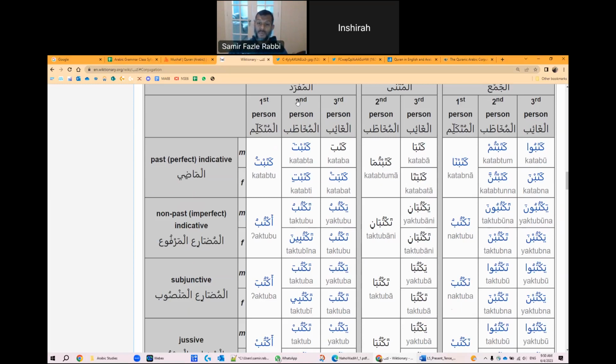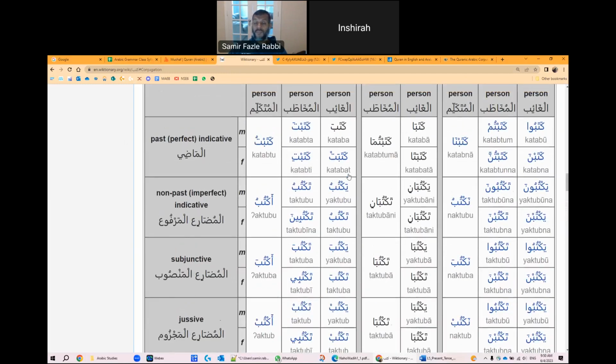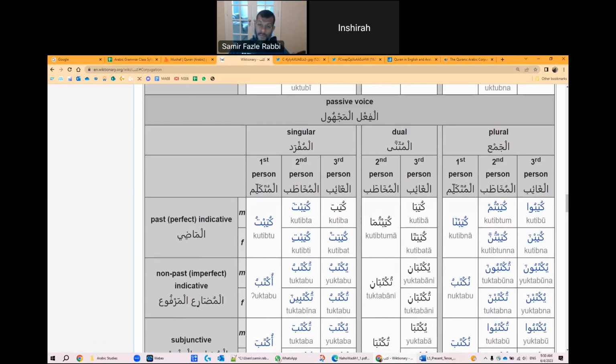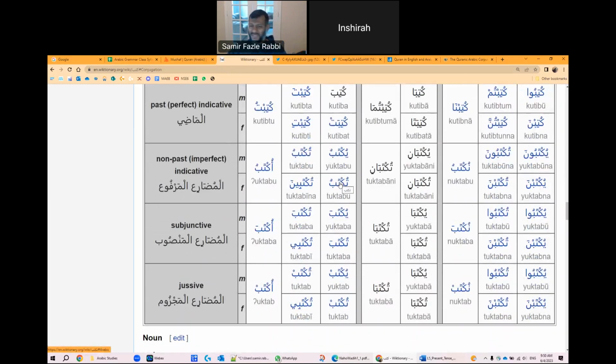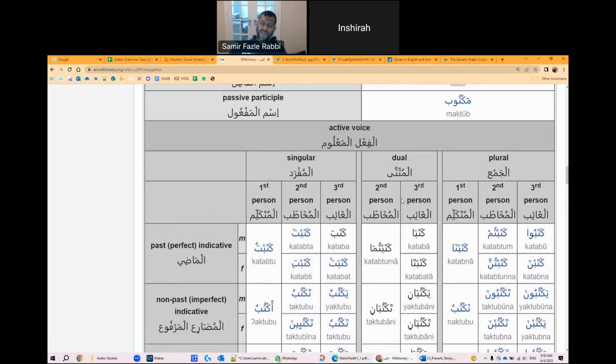Ultimately, that's what we want to do with both of these larger tables, because these tables are the base tables. Then there are some variations for the words that have long vowels in them, like aleph, and we'll cover those, but they're very minor differences from this. Most of them you'll do automatically anyway, because pronunciation-wise it's easier.